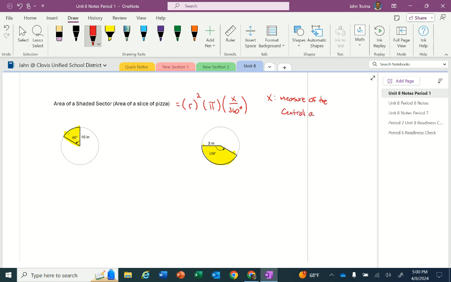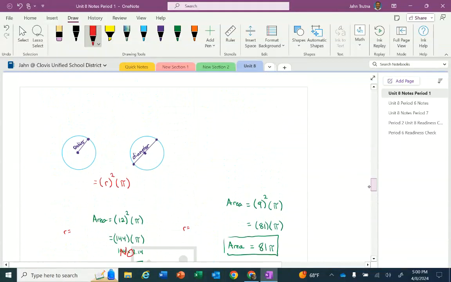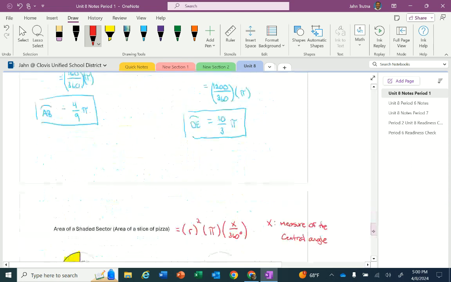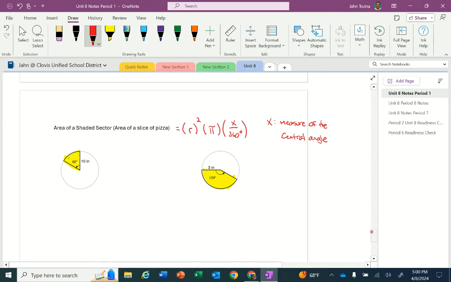If you notice, this formula is the exact same formula as going all the way back to the beginning, the formula for area of a circle, radius squared times pi, except we put that fraction x over 360. Notice, radius squared times pi, then the fraction x over 360.